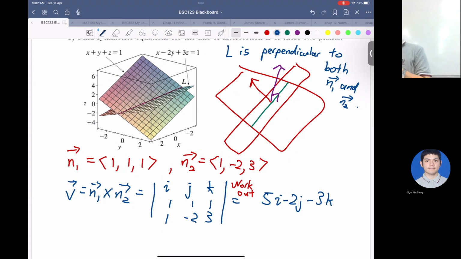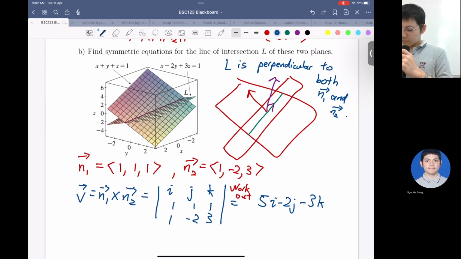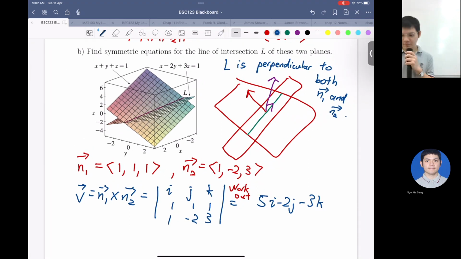So this is the vector. It's a vector. So you need a vector and a point.